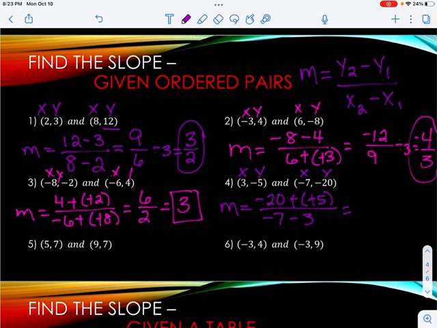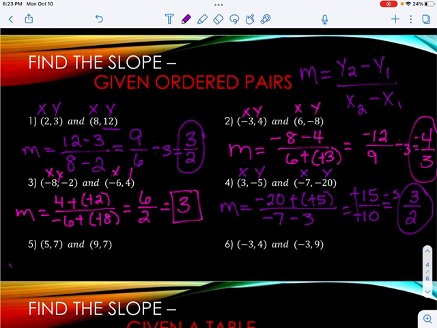So negative 20 plus a positive 5 would get me a negative 15. Negative 7 minus 3, that's going to get me a negative 10. Negative divided by a negative is a positive. And then 15 over 10 can be divided by a 5. And I end up with positive 3/2 for my slope.